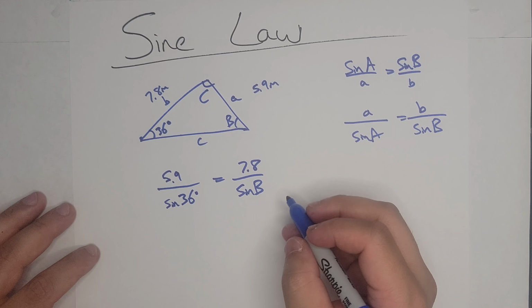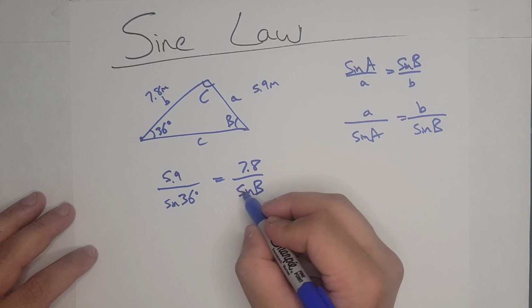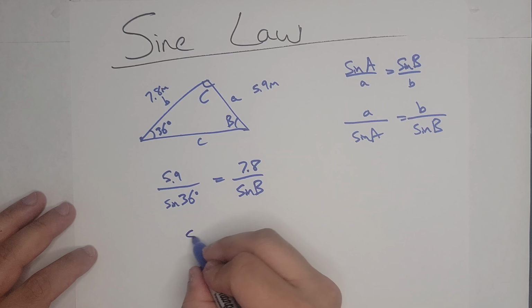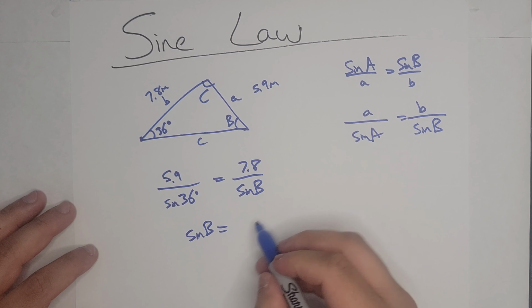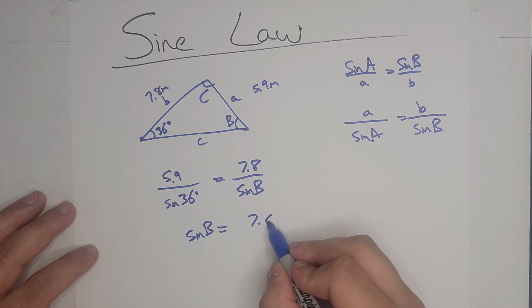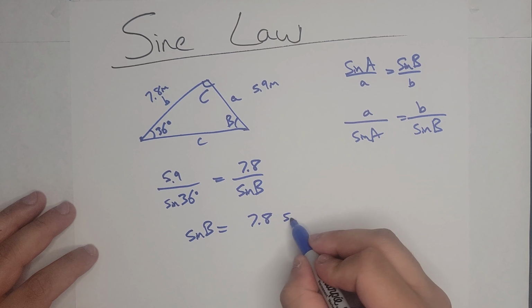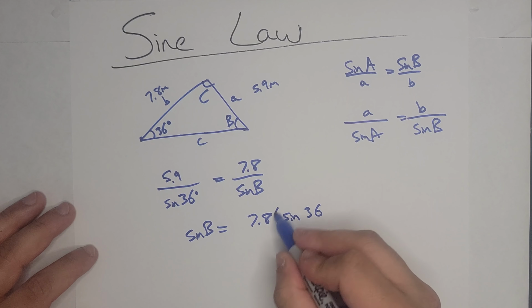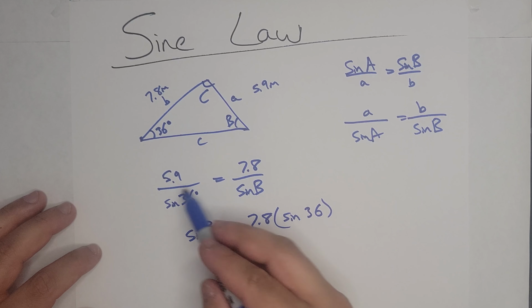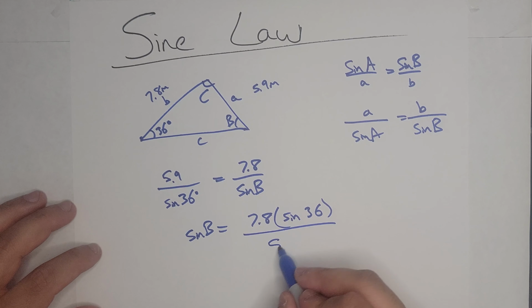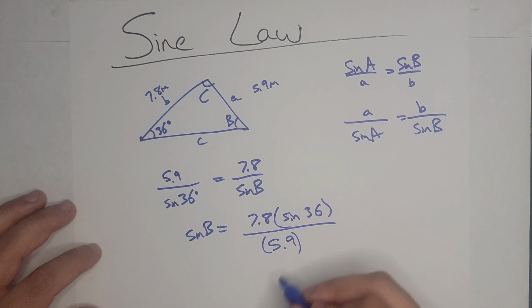So, with a little bit of rearranging, I'm going to bring the sine B up to that side. Multiply this sine 36 up that way, and bring that 5.9 down here.